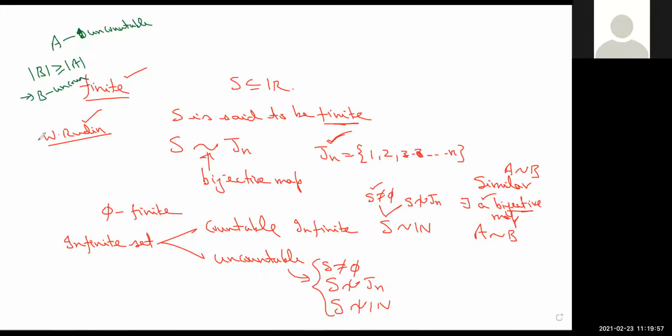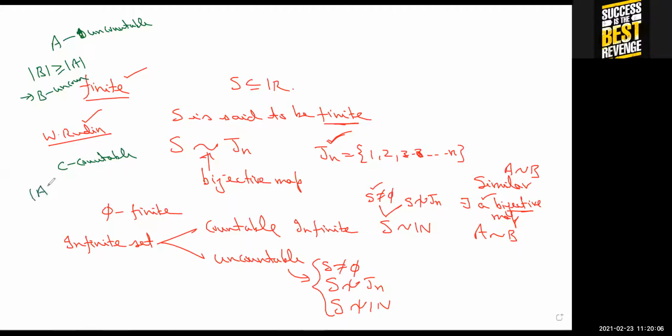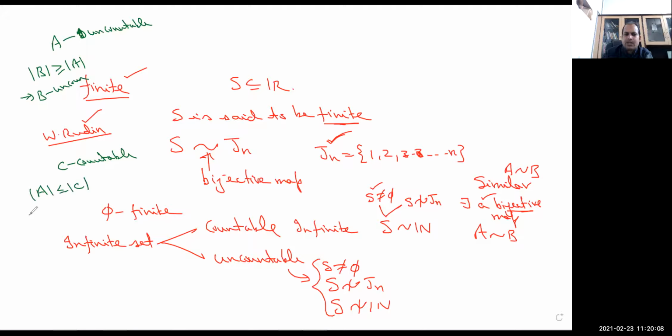And if suppose some set C is countable, and just show that cardinality of A is less than or equal to cardinality of C, this implies A is countable. So for those cases we will use here 1-1, and here we will use onto.